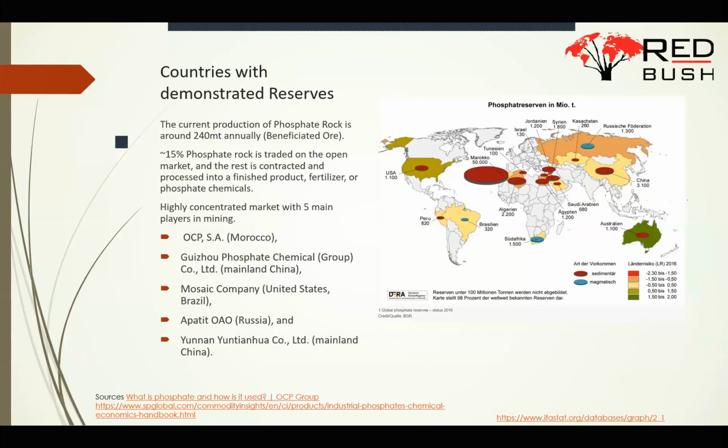Okay, there are basically 5 main players. They control most of the phosphate distribution in the world. That's OCP Morocco, Huizhou, and the Yunnan phosphates mines in China. Mosaic, which is an American company, it has mines in the US and Brazil, and Apatite in Russia. Okay. The map on the side, this is also phosphate reserves. You'll notice Australia supposedly has a lot of reserves.